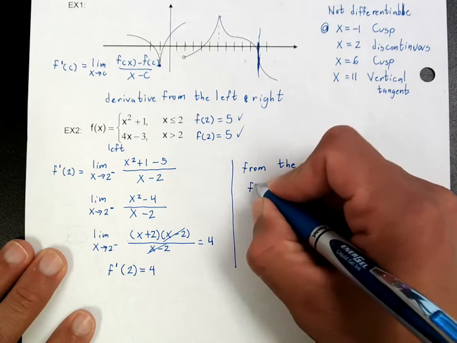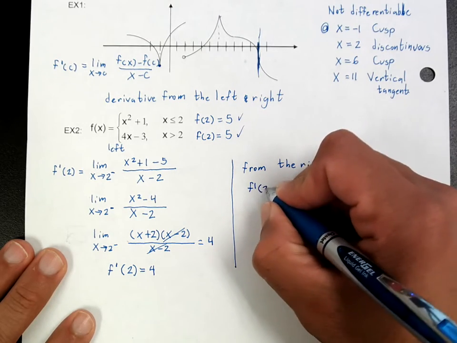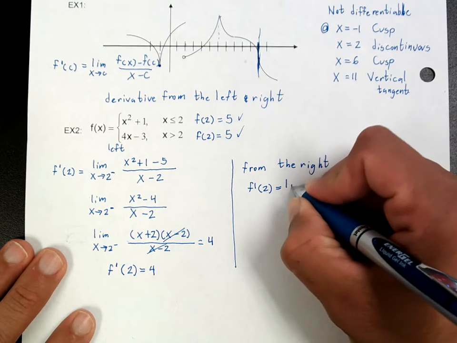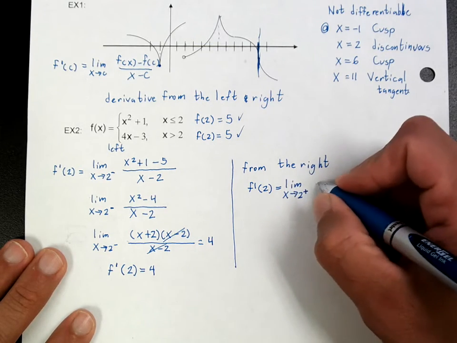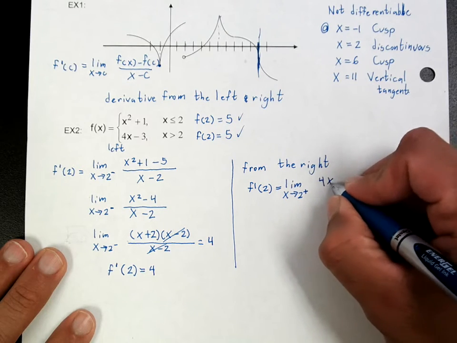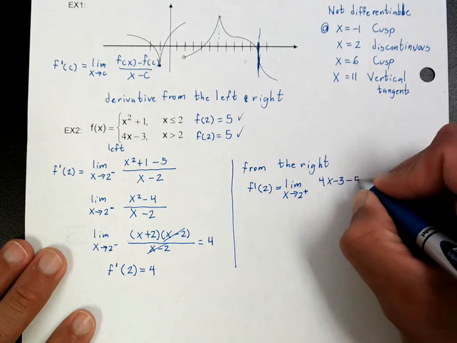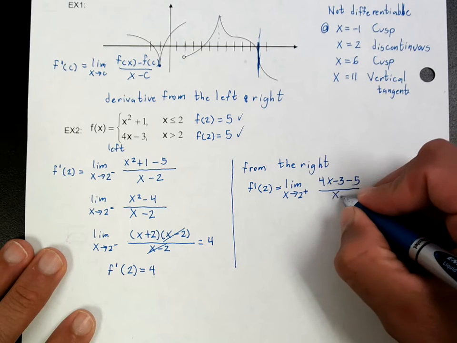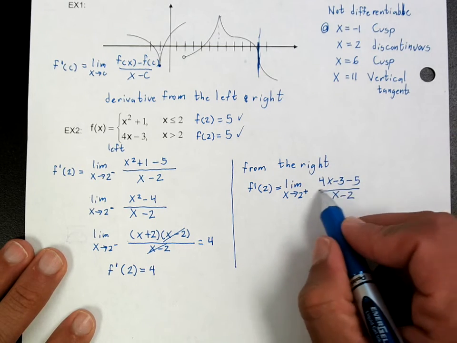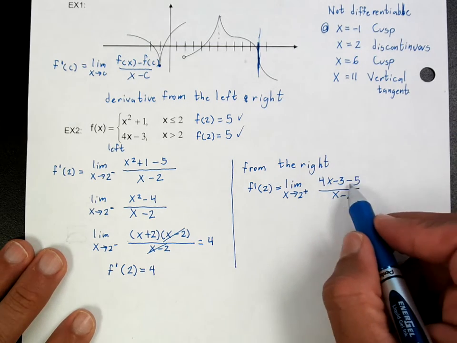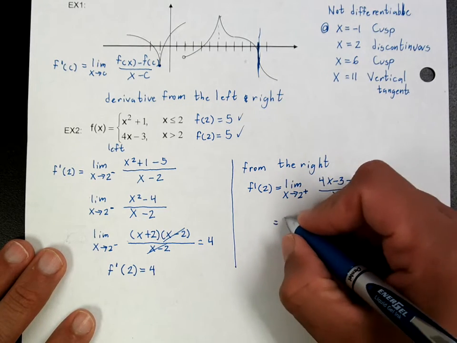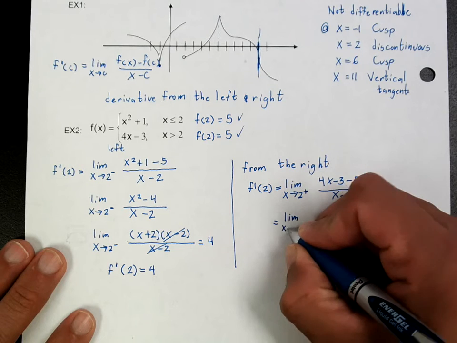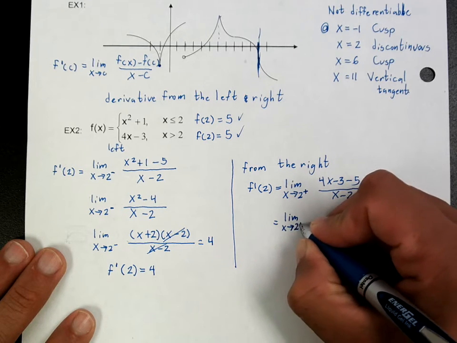All right, so we have the derivative at 2 is equal to the limit as x approaches 2 from the right side of 4x minus 3 minus 5 over x minus 2. So again, this is f of x right here. This is f of c, and this is x minus c. All right. So same thing here. We're going to try to simplify this.